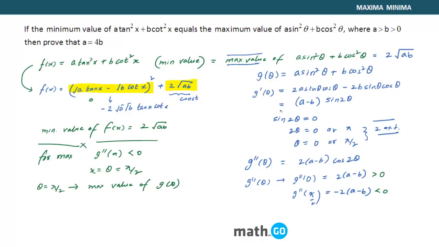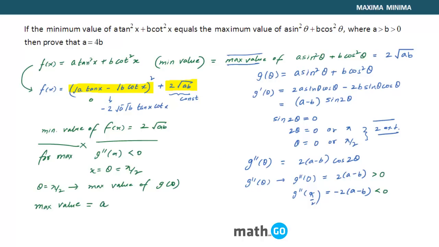Just compare it, what it will become. So maximum value will be what? When you put theta equal to pi by 2 over here, it will be nothing but a, right? So you want to compare this now with 2ab.